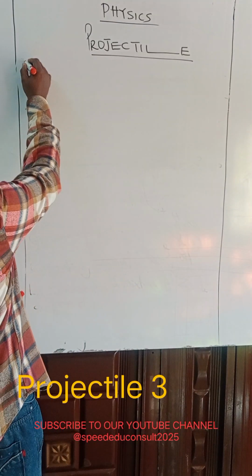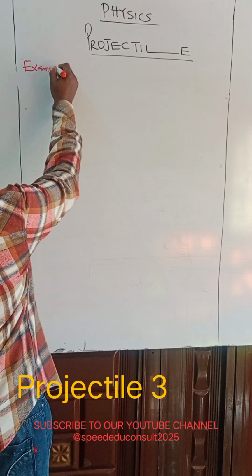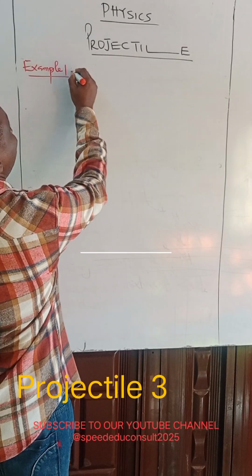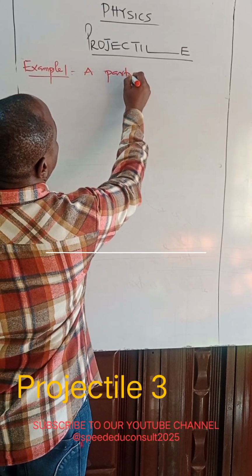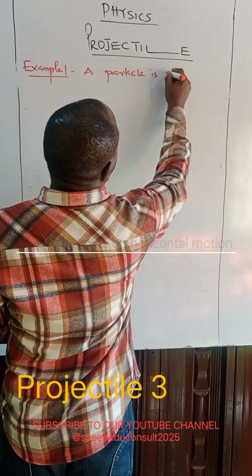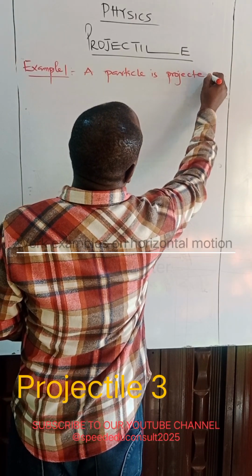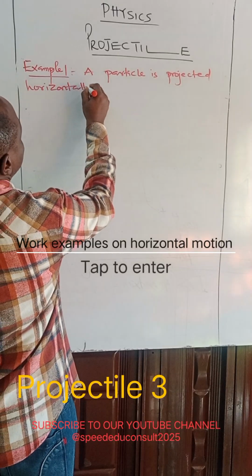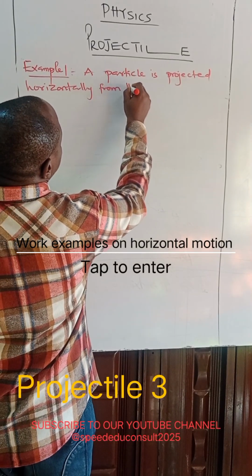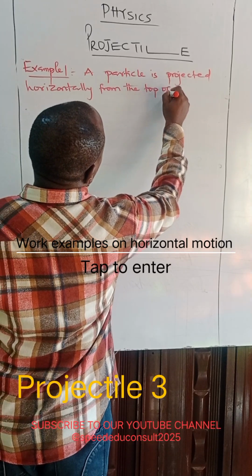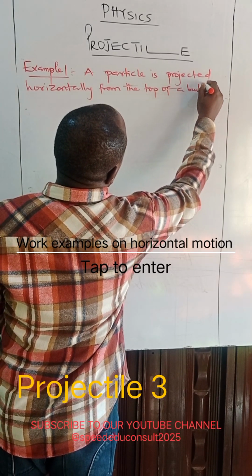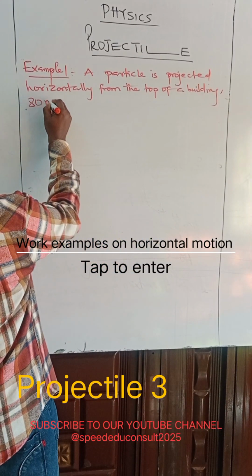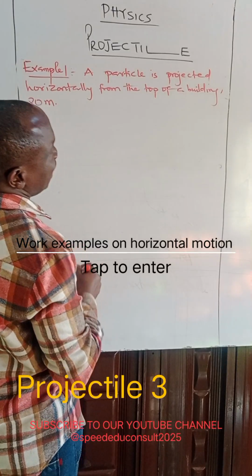So the next thing is example. Example 1 under horizontal motion. A particle is projected horizontally from the top of a building 80 meters high.